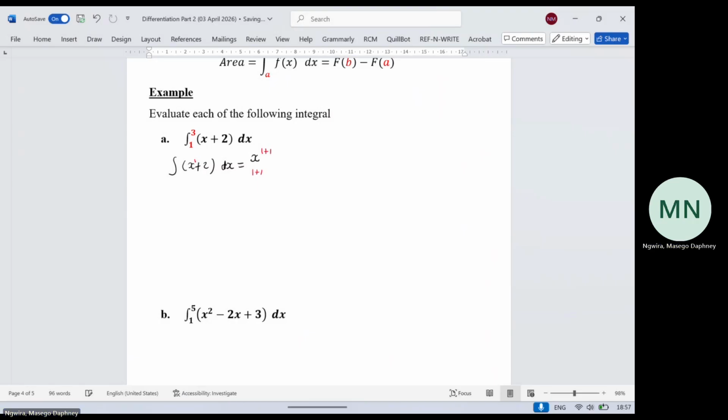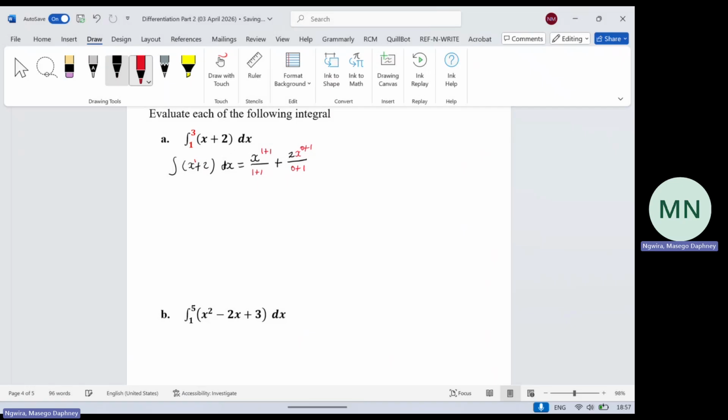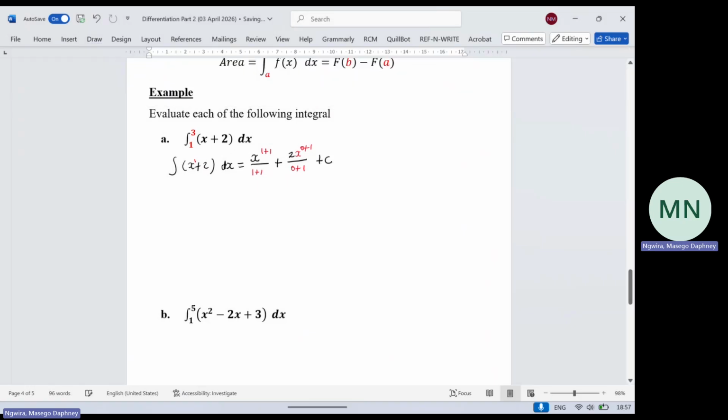And then plus, this one of 2 is going to be 2 times x to the power of 0 plus 1 over 0 plus 1, then plus c. And then our answer is x squared over 2, plus 2x to the power of 1, plus c.